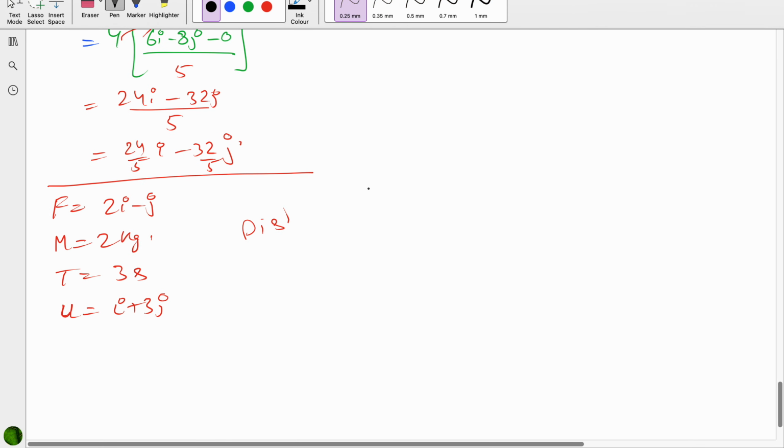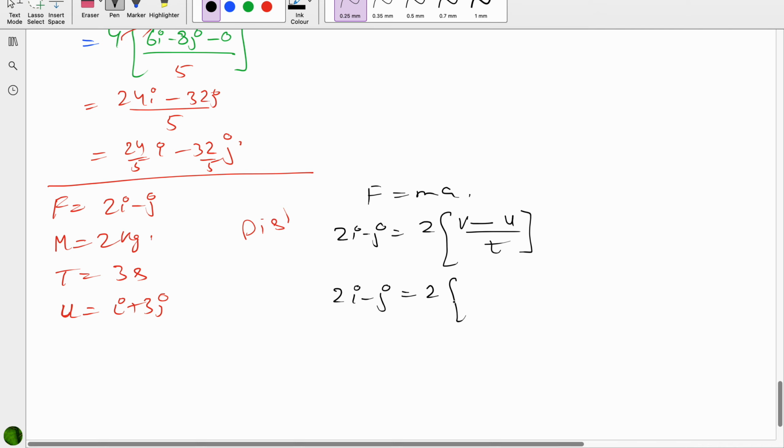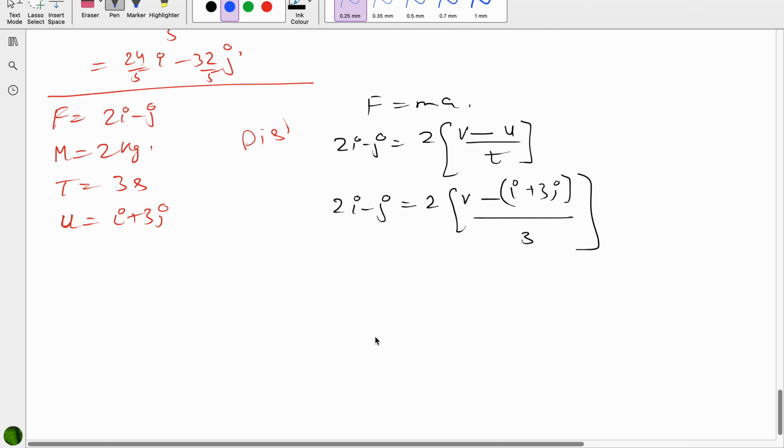When I use the formula F equals ma, force is 2i minus j, mass is 2 kg, and acceleration is final velocity minus initial velocity divided by time taken. So 2i minus j equals 2 times (v minus (i plus 3j)), making use of brackets, over time 3 seconds. I'm solving for v, the final velocity.